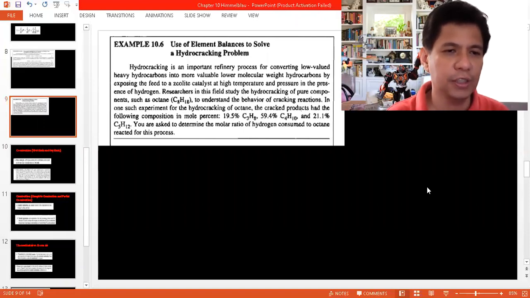Researchers in this field study the hydrocracking of pure components such as octane, C8H18, to understand the behavior of cracking reaction. In one such experiment for hydrocracking of octane, the cracked product had the following composition in mole percent: 19.5% C3H8, that's propane, 59.4% C4H10, that's butane, 21.1% C5H12, that's pentane.